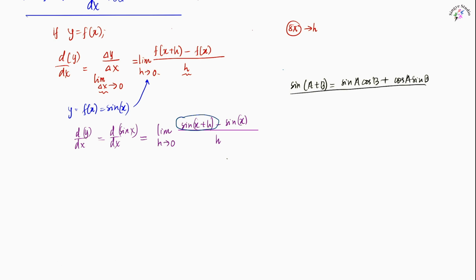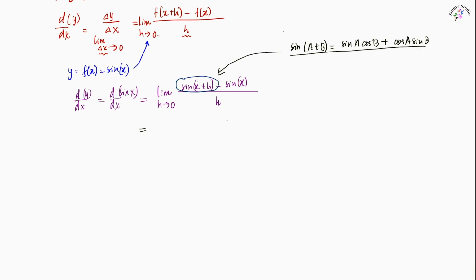By using this, we will expand this expression and we will get the limit as h tends to 0 of sine x cosine h plus cosine x sine h minus sine x, all divided by h.